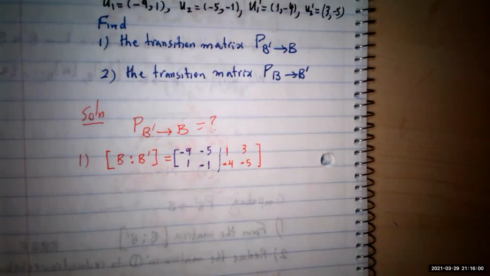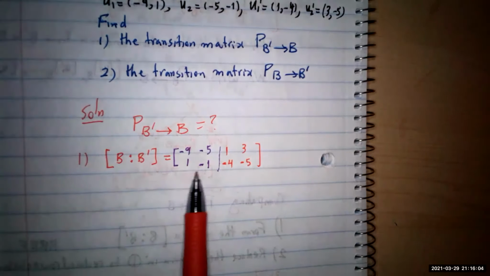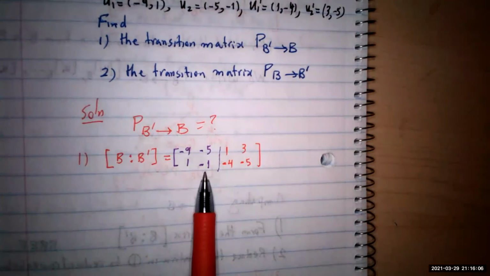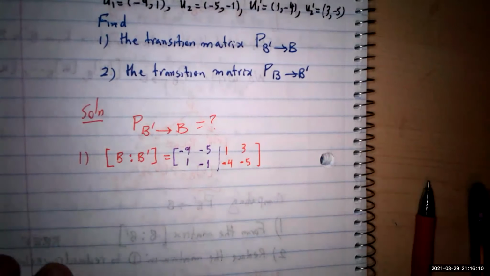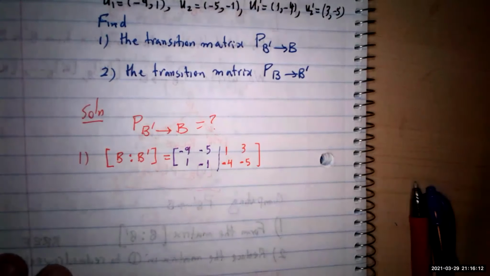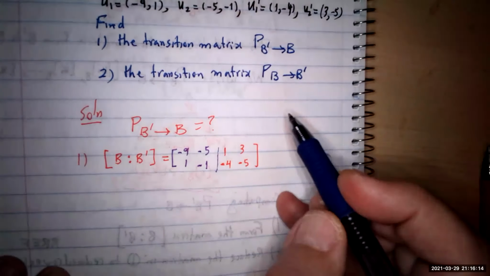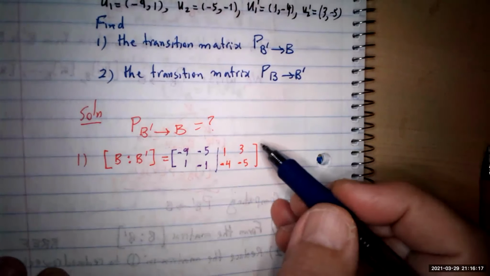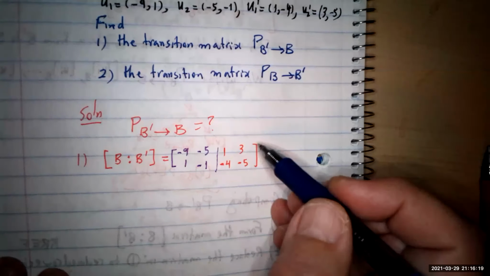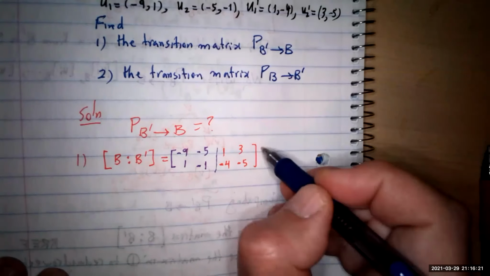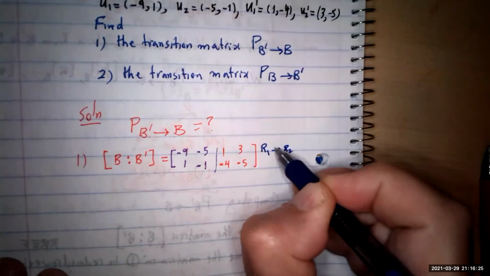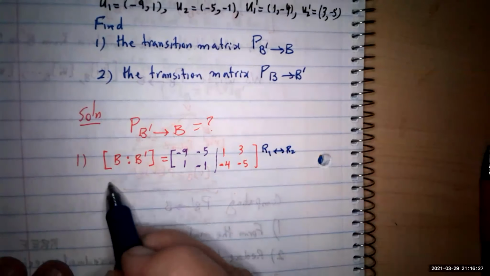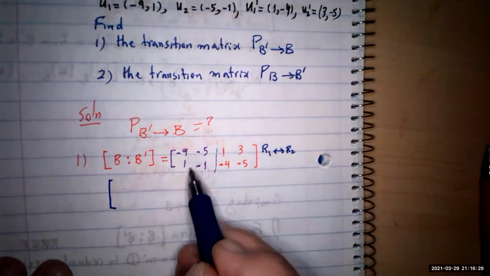Now we are going to work on the first part to change this one into the identity. A different way to do it: I switch these two so I put the 1 on the top. So I replace R1 and R2.